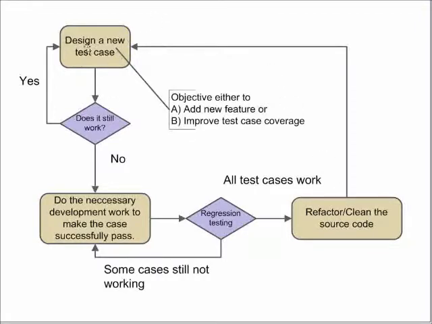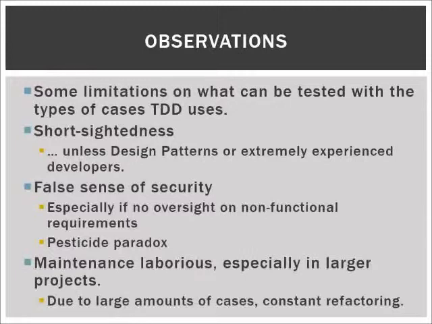So basically this loop keeps the system developing and we can add new features or improve the test case coverage, and what's most important is that we always have all the test cases needed to do validation and verification, for example that some feature exists or that some non-functional requirement is fulfilled.